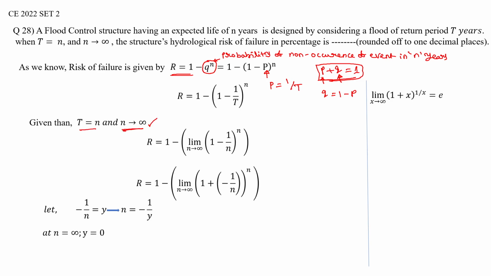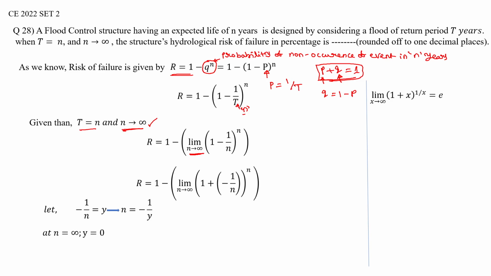What we do now is just a trick. We replace T with n. So it will be limit n tends to infinity, 1 minus 1 by n whole power n.